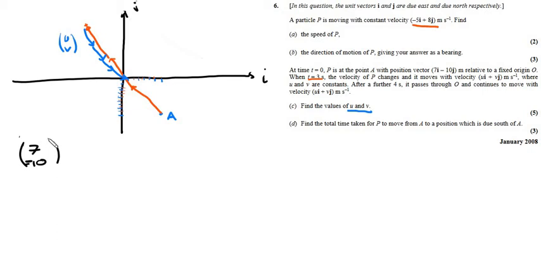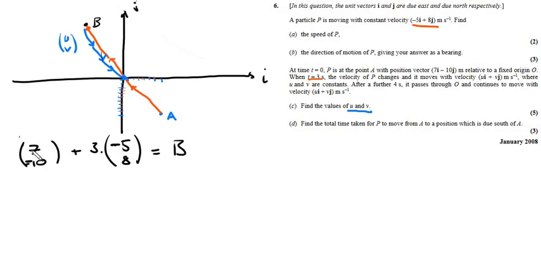So 7, -10 plus 3 seconds times the velocity, which is (-5, 8), is going to give us this position here. Let's call that position B.